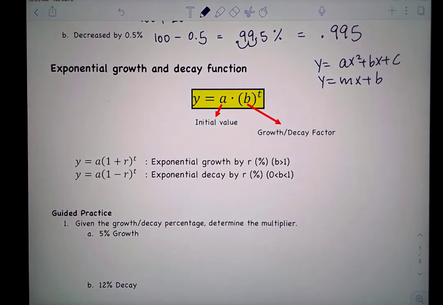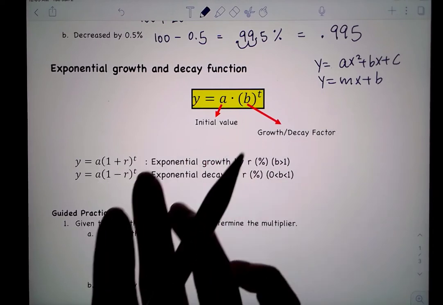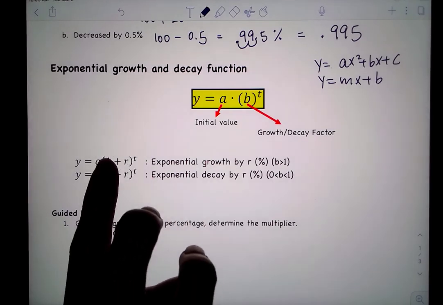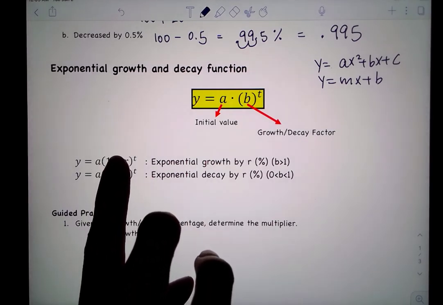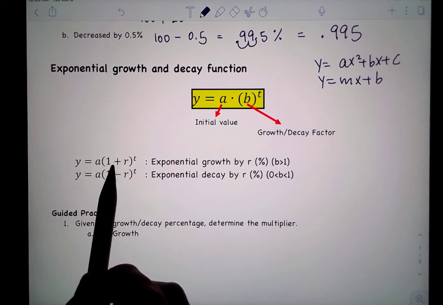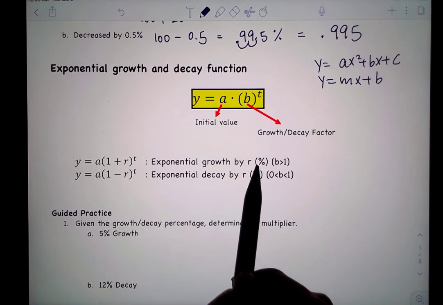And I'm gonna connect yesterday's lesson and today's lesson with this. So guys, look, it's the same format. You see it? A times parentheses to the t power, right? That's the same thing. But what do you have here? 1 plus r, 1 minus r, and r is your percentage.